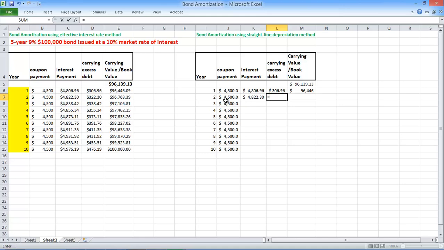You're only paying 4,500, so we are short of this. We haven't paid this amount, so we add it back to the previous book value. Now we owe interest on this amount. If you repeat this process, you're going to have something like this.